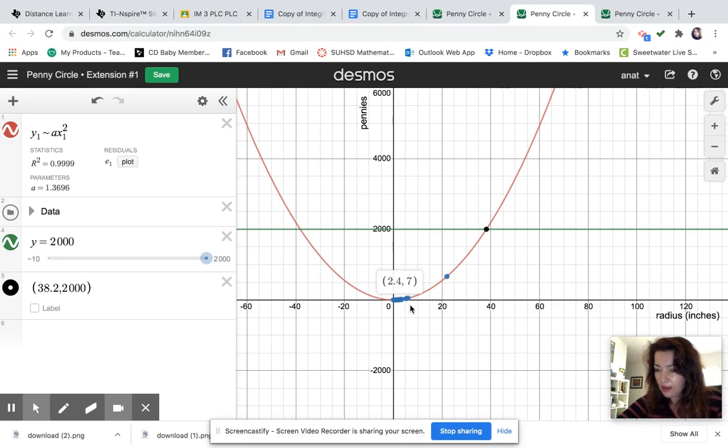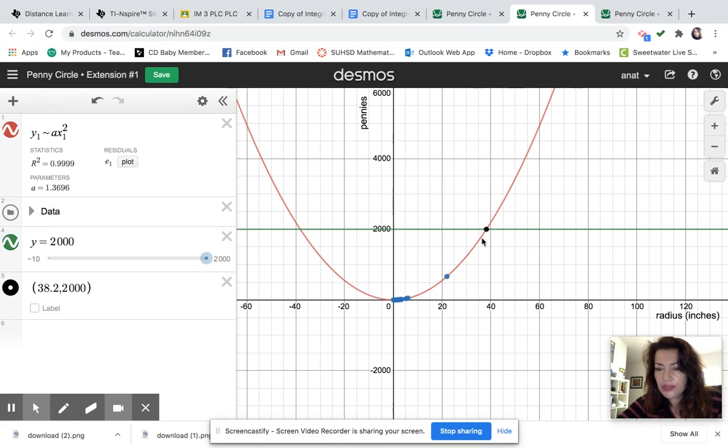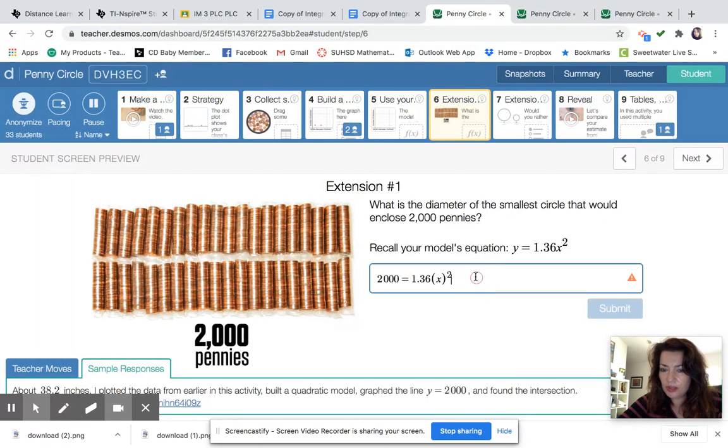Now we have zoomed out a lot. When I draw the line y equals 2,000, you could see that it intersects at this point right here, which is 38.2. So if you were actually to solve for your equation, you would get that the diameter would be approximately 38.2. Or if you wanted to say rounded, you would just say about 38.